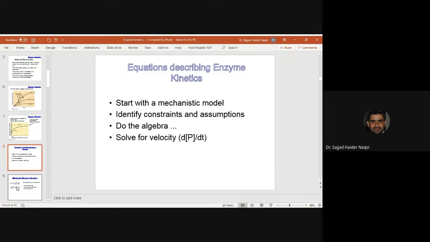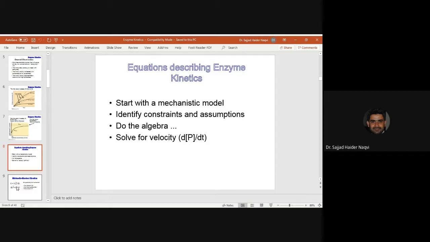And with these mathematical models we are able to find out some useful information about how the enzyme is working, how its binding is affected, how the inhibitors are playing their role, and how the regulation of a metabolic reaction can be done. So all equations, all mathematical models describing enzyme kinetics, start with a model.